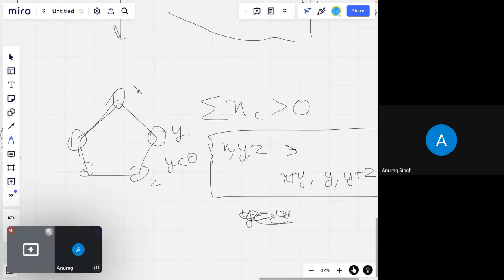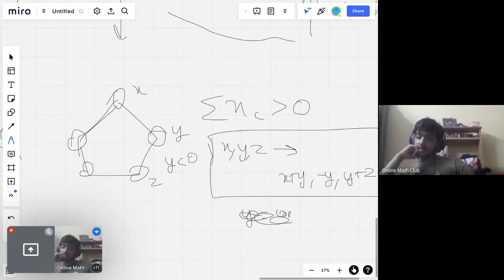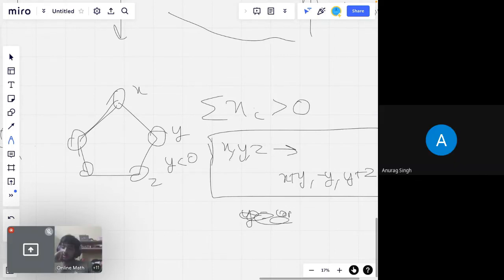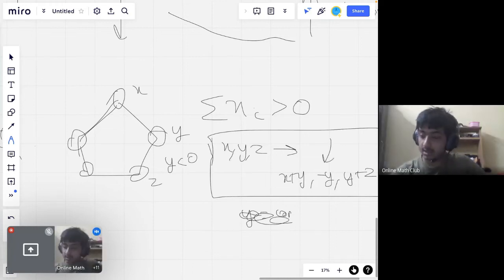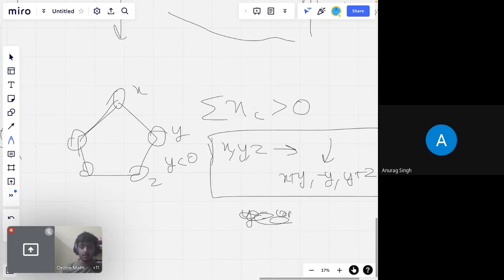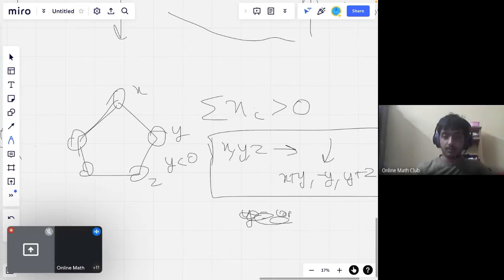I want to prove that there exists some optimal position such that after some set of moves, y reaches a positive integer. Y either becomes 0 or it becomes greater than 0. So here immediately y becomes positive, right? Yes, after some moves. So what is your claim?